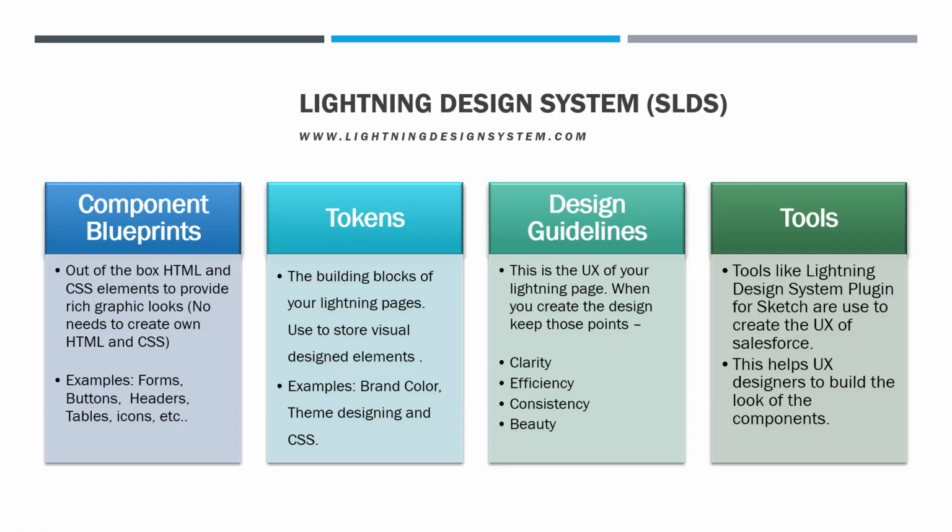You can see what guidelines Salesforce is giving, so that it meets the requirement. It's not like you will completely change the UI. If you want to change it, you need to use the UI with Salesforce native stuff, so you need to make sure whatever changes you are making match the Salesforce native pages as well. For that, there are particular guidelines that you can follow in the Lightning Design System.